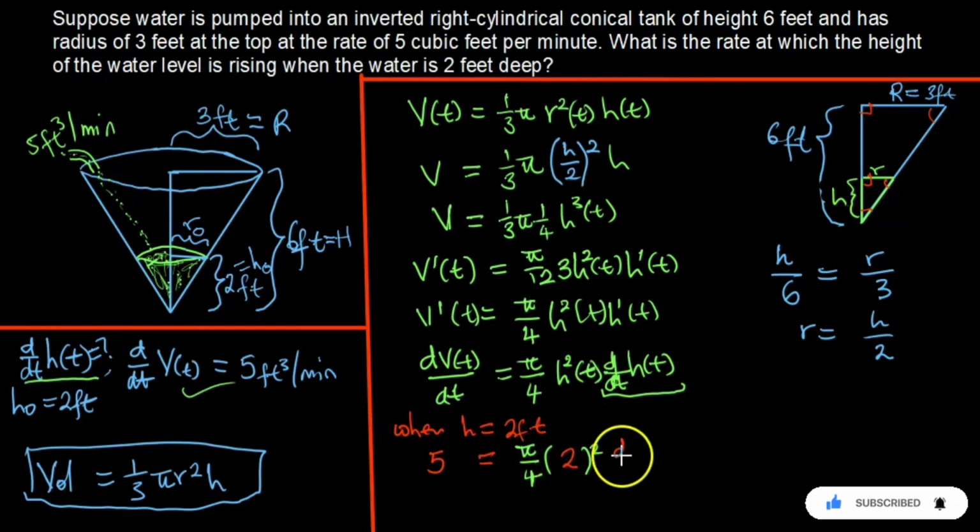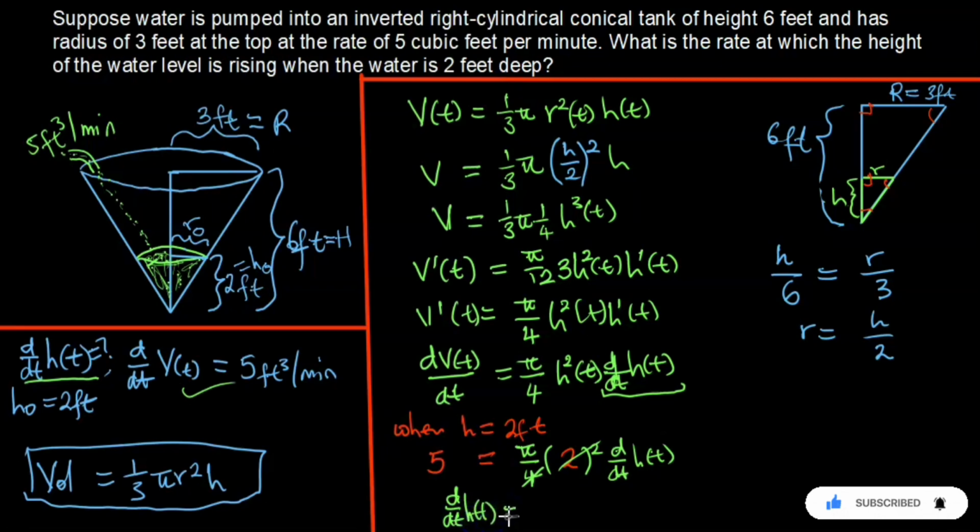That's what we're trying to find. That is the derivative. So you multiply by the derivative with respect to time of h of t. Okay, that's nice, isn't it? So we square this. When you square 2, you have 4. Notice that 4 will cancel out with 4, leaving us with pi. To make this the subject, just divide both sides by pi.